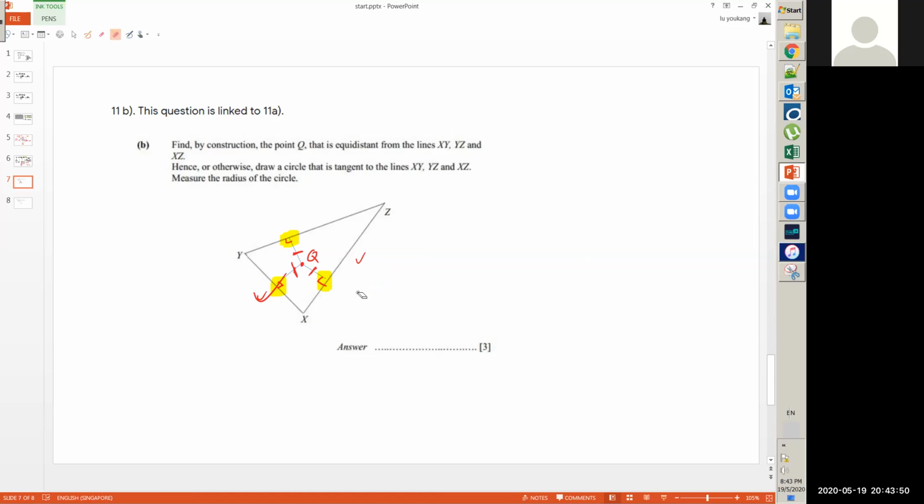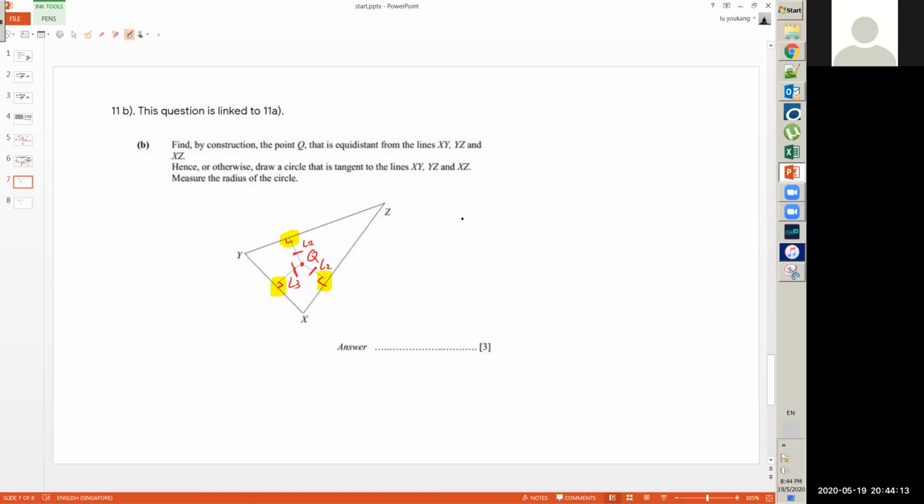It must be met. So we just find any point on the line? No, there is only one point. There is only one point here that will meet the requirement. Let's say I call this line 1, I call this line 2, and this line 3.